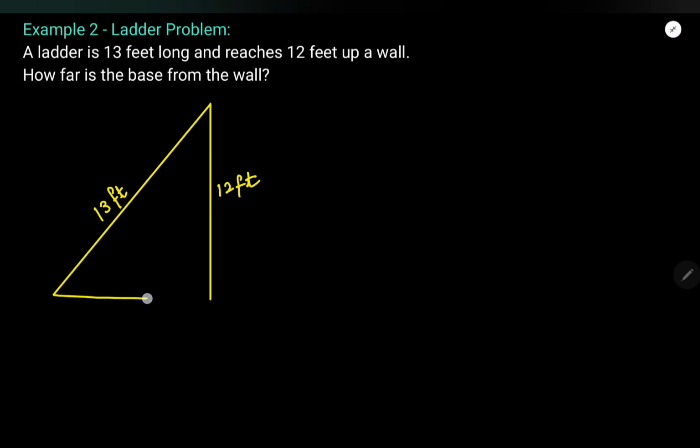We are supposed to find this distance from the wall. This is a right angle triangle, so you will say that hypotenuse square is equal to perpendicular square plus base square. What is hypotenuse square? 13 square.